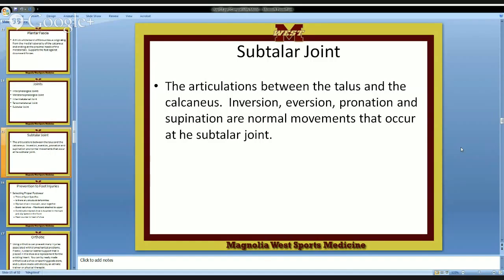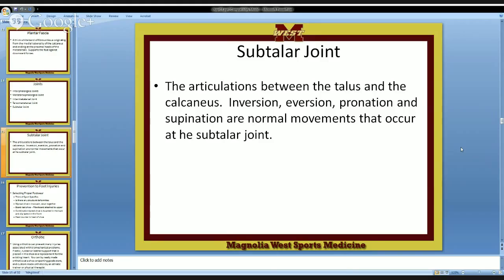So it's the joint right underneath the talus. If you know your vocabulary, if you take that medical terminology class, it helps. At the subtalar joint, you can have inversion, eversion, pronation, and supination. Those are normal movements that occur at the subtalar joint.